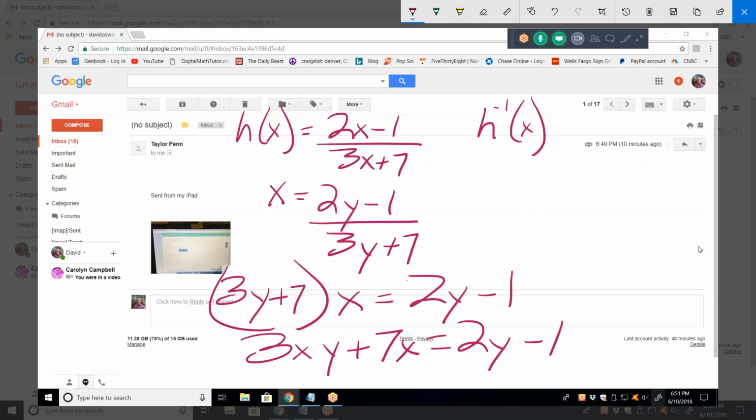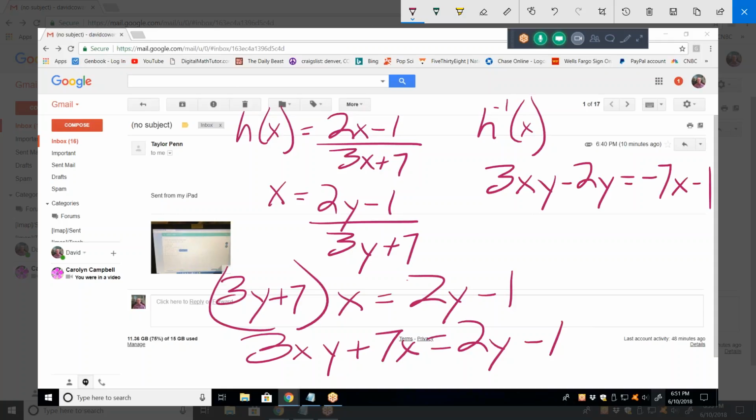You want to gather every term that has y together on one side, and every term that doesn't have y on the other side. So minus 7x and minus 2y. Yes. So you end up with 3xy minus 2y equals minus 7x minus 1.